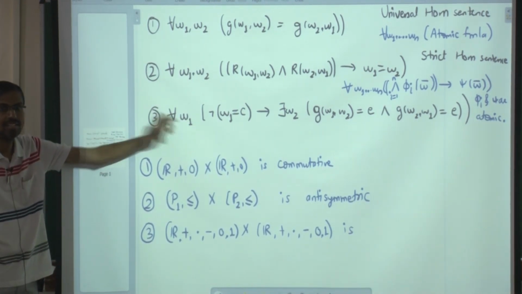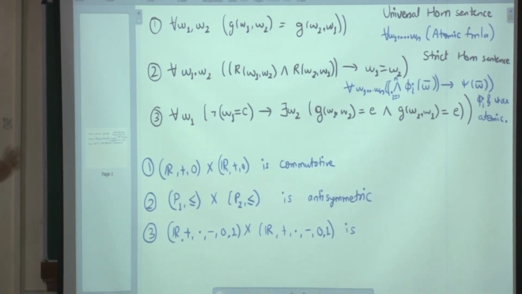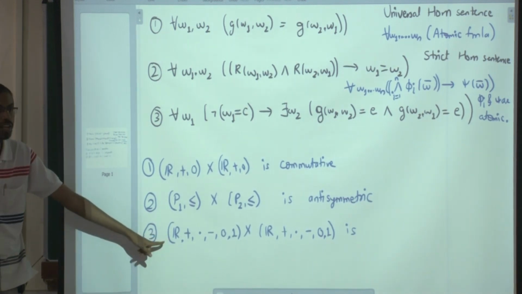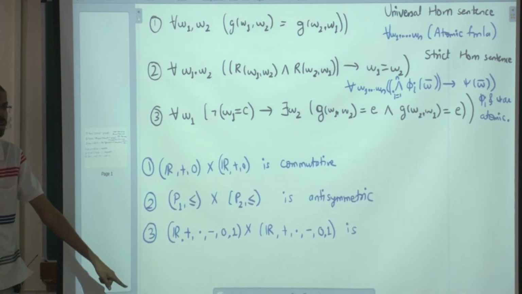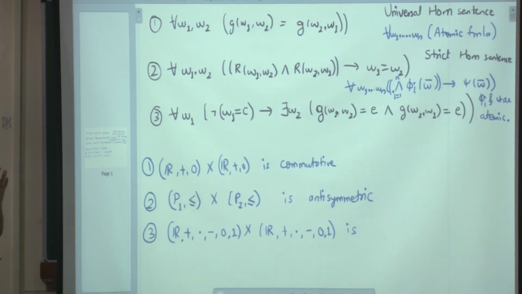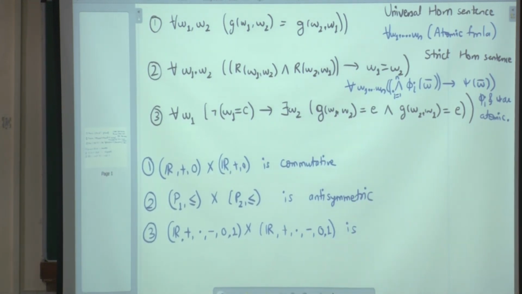It says that every non-zero element has a multiplicative inverse. Whereas this one is not a field because (1, 0) multiplied by (0, 1) is 0, or (1, 0) is a non-zero element but it doesn't have a multiplicative inverse. Is that clear? Okay, so this is not a field.